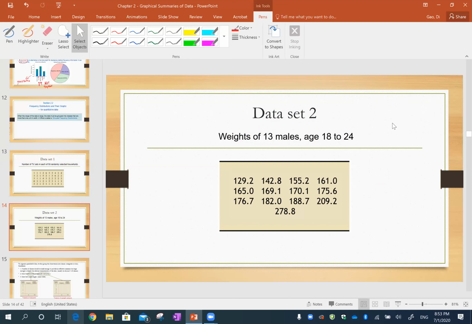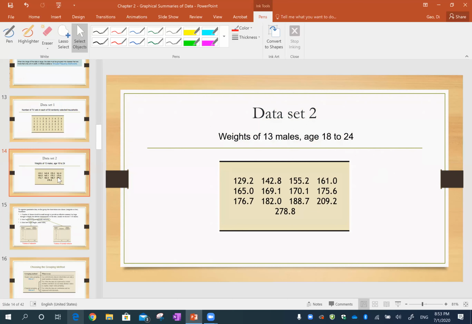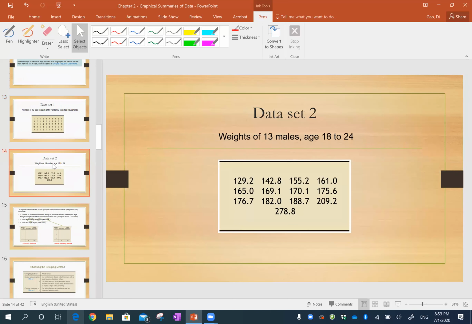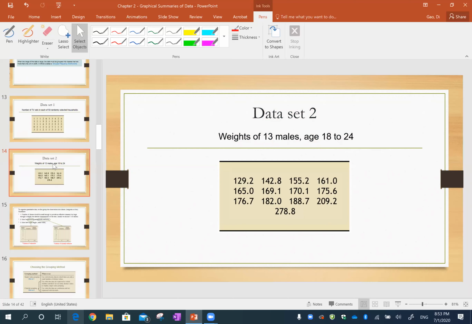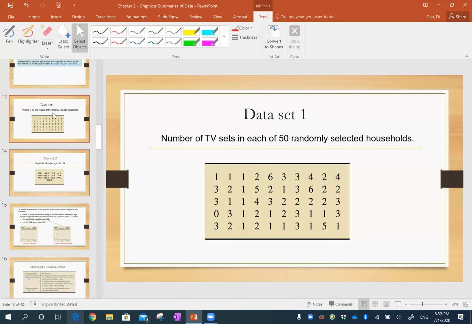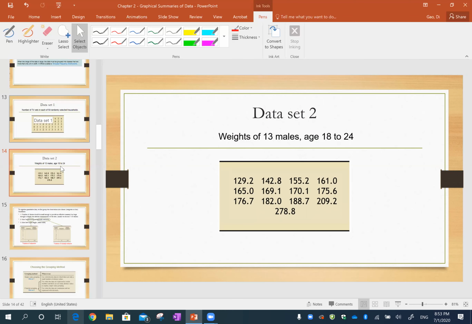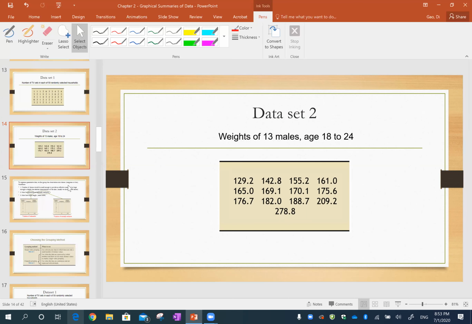So basically we didn't organize anything, and if there's no improvement, then that way just doesn't make any sense. So we're going to choose a proper grouping method to properly organize these two types of data sets.